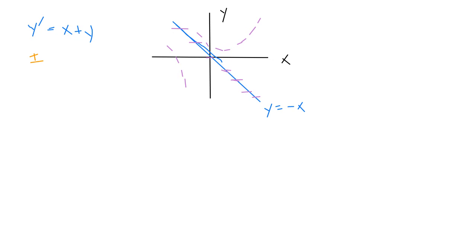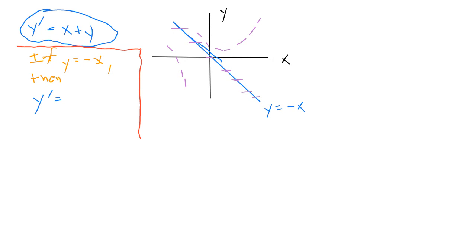Well, if y equals negative x, then y prime is always equal to x plus y. But now I'm studying coordinates that are on the line y equals negative x.